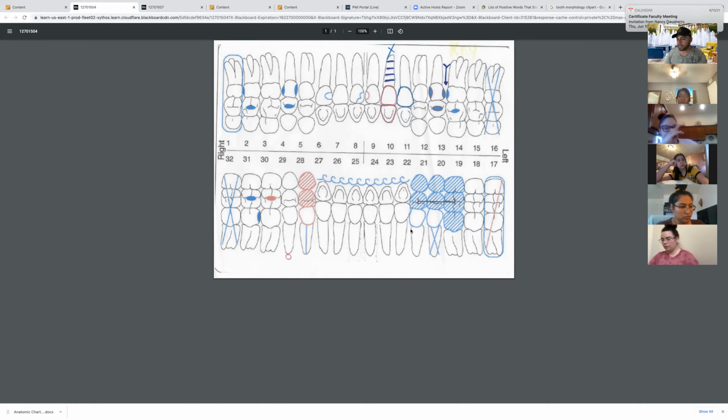Who can guess what this is? A bridge? Yes, how did you know it was a bridge? I just remember you telling me that the lines were gold caps and then the tooth in the middle is missing.